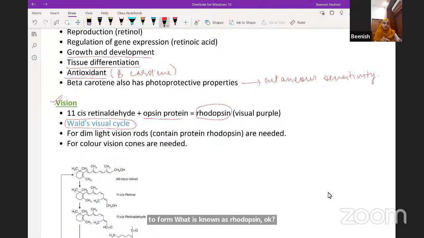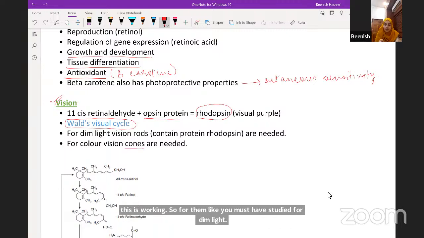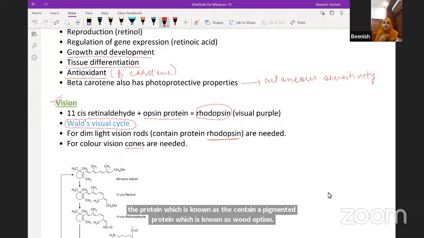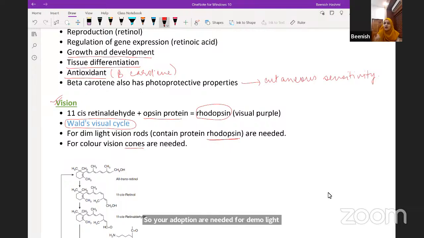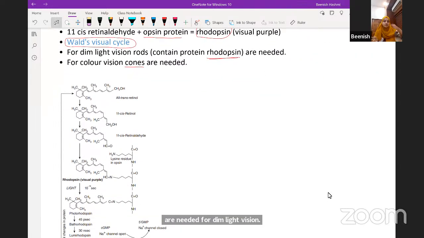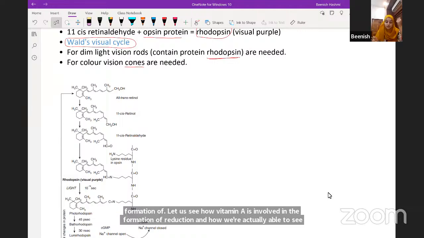For dim light, you must have studied, we need rods, and for colored vision or bright vision, we need cones. Your rods contain a pigment protein known as rhodopsin, so rhodopsin is needed for dim light vision. Now let us see how vitamin A is involved in the formation of rhodopsin and how we are actually able to see things. This entire cycle is known as Wald's visual cycle.